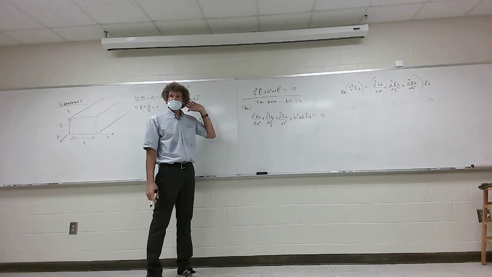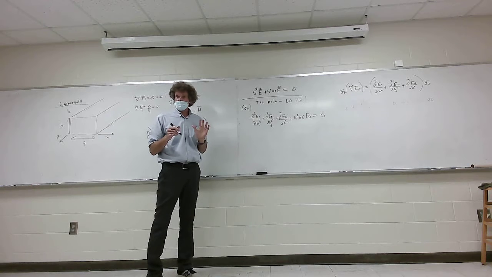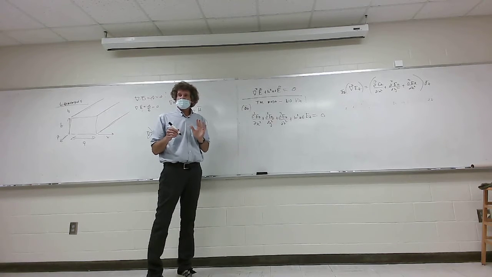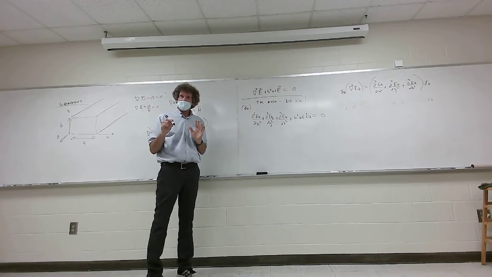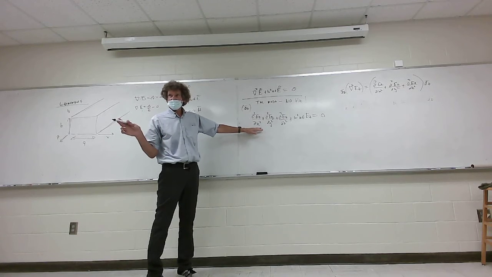Remember, each one of these differential equations in the x, y, and z direction will have solutions that have to be mutually consistent. If you get it here, it still works for the other ones, okay? If you don't appreciate that fully, you will in time, all right? But this is going to be the equation we're going to look at, all right? And this is for the TM mode because there's no magnetic field in the direction of propagation. Everybody got that?